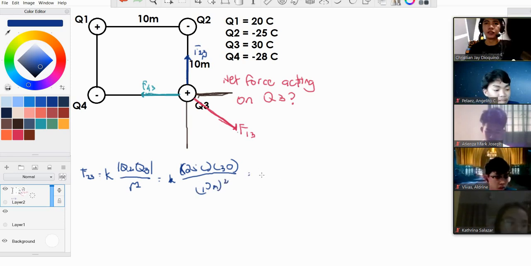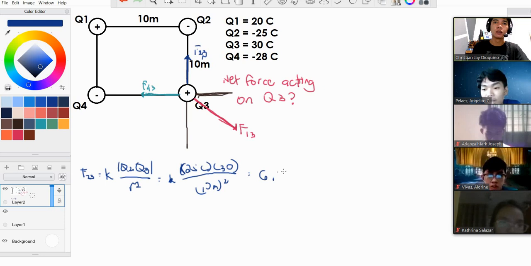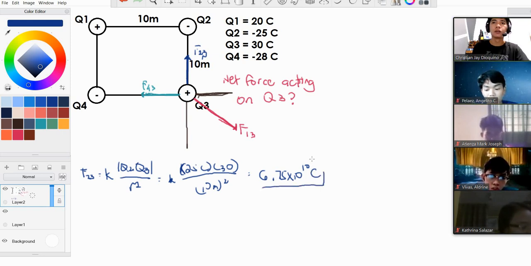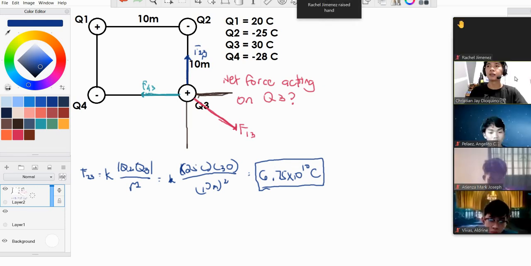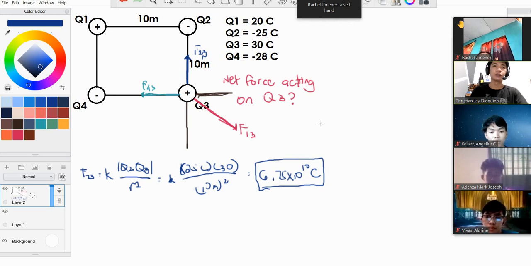The answer is 6.75 times 10 raised to 10 po. Okay, so nakakuha rin po ba yung same answer, guys? Same answer na ako dito. Okay, good.